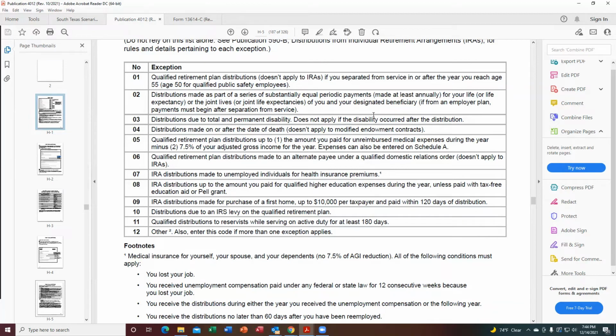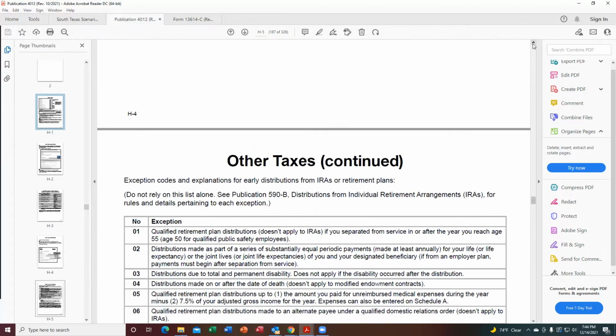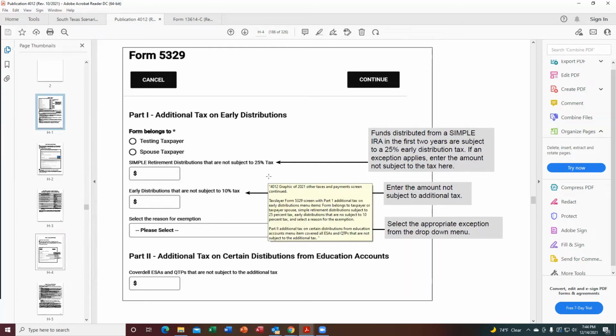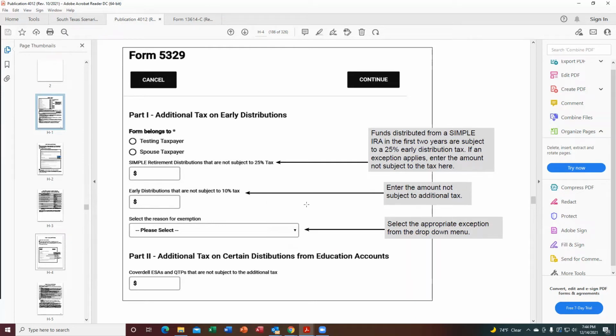And in the process, we're going to go eventually to that section in the software to fill out the 5329. So at the top, it gives you a sample of the form 5329, and we would just enter the information on the form.